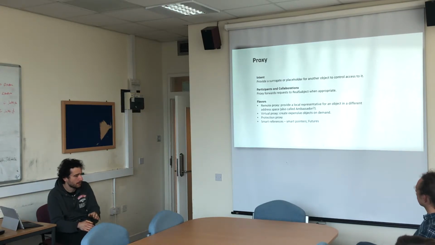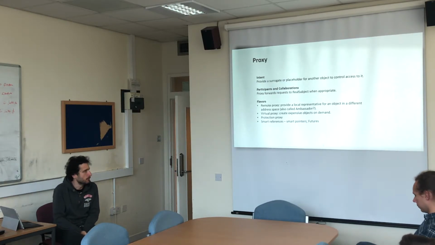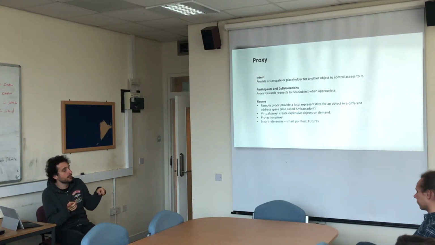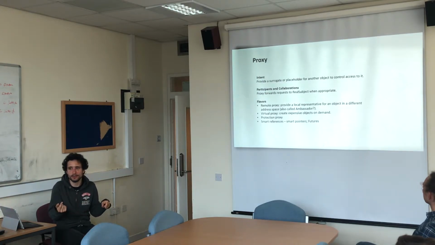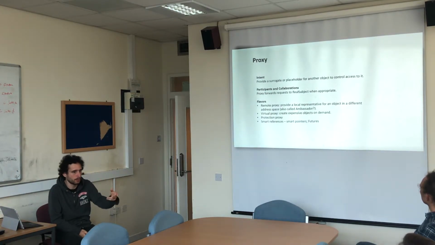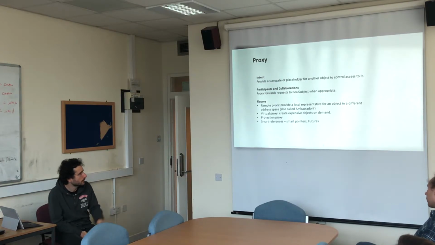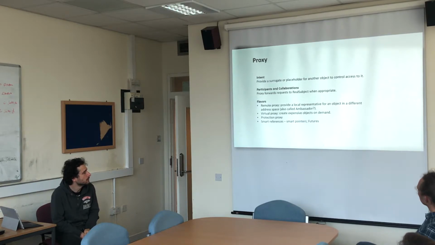These are the variations that I have seen mentioned in different books. So remote proxies, which provide a local representative for an object which is in a different address space, for example, if it's on another server. I've also heard that this was called ambassador in some literature.